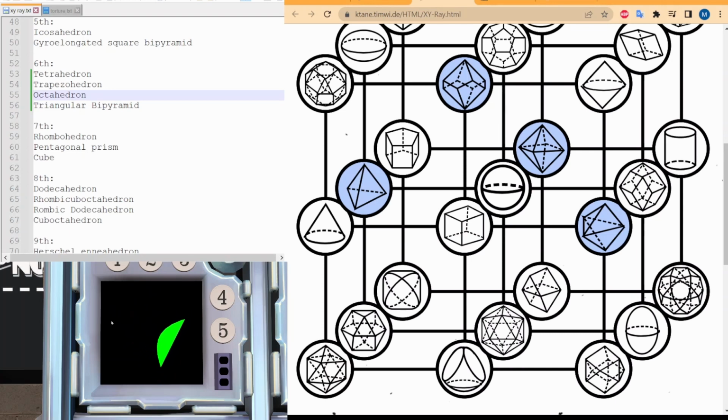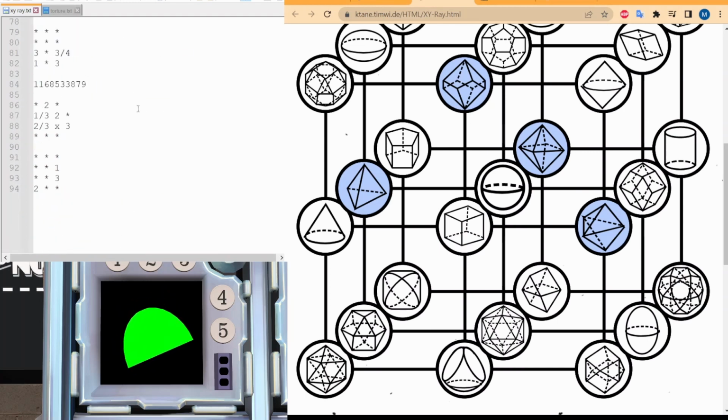Let's do it again to confirm. 1, 2, 3, 4, 5, 6. 6 vertices. And you could confirm that all of the vertices had 4 connections, and all of the shapes were triangles. So that automatically makes it this shape here, octahedron.